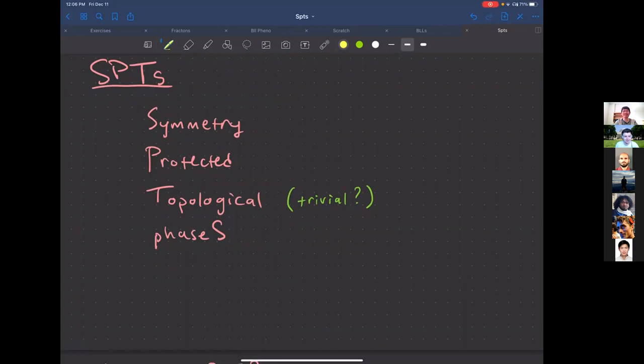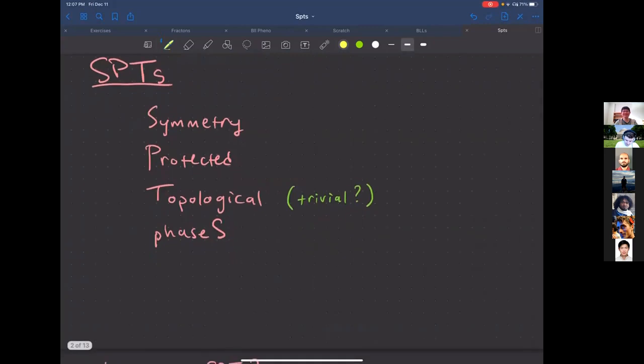Xiaogang and his collaborators were the people who came up with this idea of an SPT, and when they were writing up this work, they had initially called them symmetry protected trivial phases, which is in some sense a better moniker, but they wanted Zheng Chenghu, who was on the paper, to get a job, and they didn't want to call it symmetry protected trivial phase because that sounded kind of lame. So hence we were left with the name symmetry protected topological phase, which makes a non-zero amount of sense, as we'll see, but maybe trivial phase is the better thing to work with.